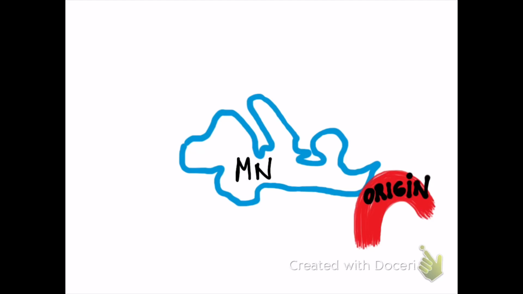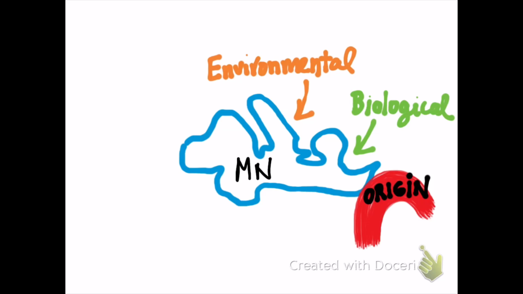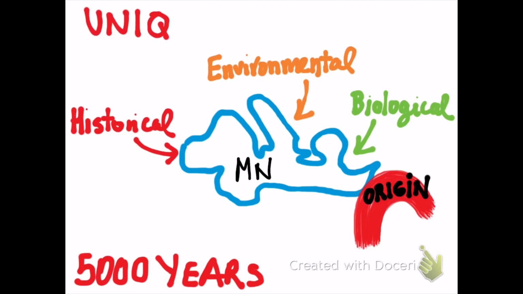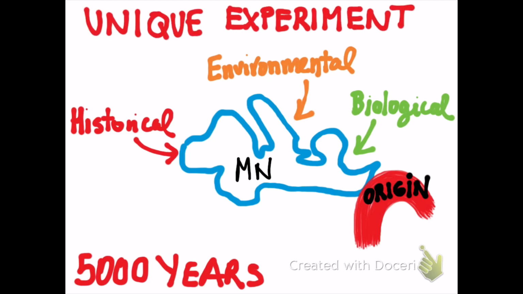The Mediterranean diet originated in the Fertile Crescent, right between Egypt and Persia, with the birth of agriculture. From that moment, new farming techniques were developed and took advantage of unique biological, environmental, historical, and social conditions 5,000 years ago, resulting in a particular way of eating and an extraordinary lifestyle in coastal areas of the Mediterranean Sea, which favor and improve human health and increase longevity. Remember, a unique biological experiment.